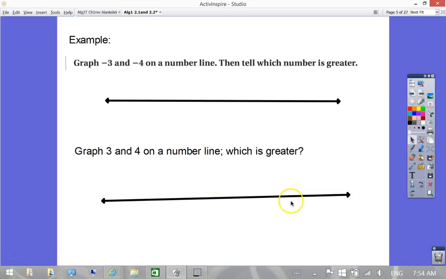I'll forget it. So here we go, black. So I'm going to put on enough tick marks.